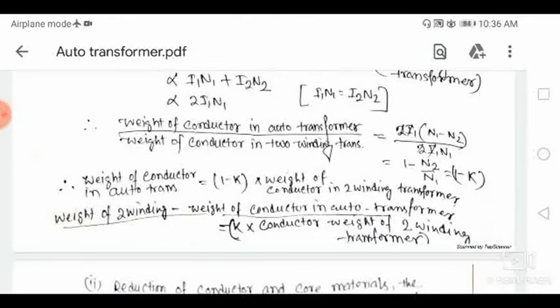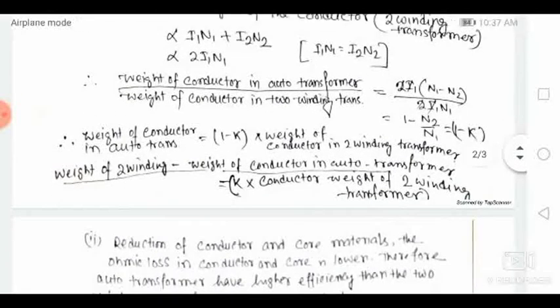N2 by N1 we already know, that is equal to K. So the weight of conductor in the auto transformer to the weight of conductor in the two winding transformer is equal to 1 minus K. Now simplifying this equation, the weight of the two winding transformer minus the weight of conductor in the auto transformer is equal to K into the conductor weight of the two winding transformer.